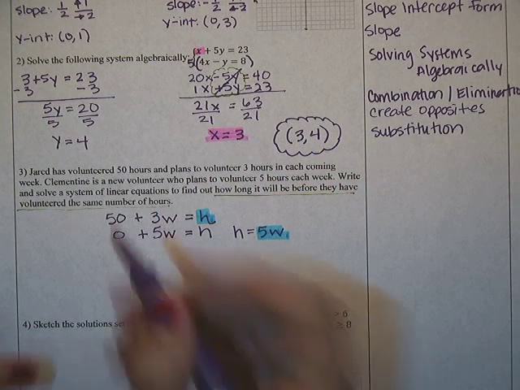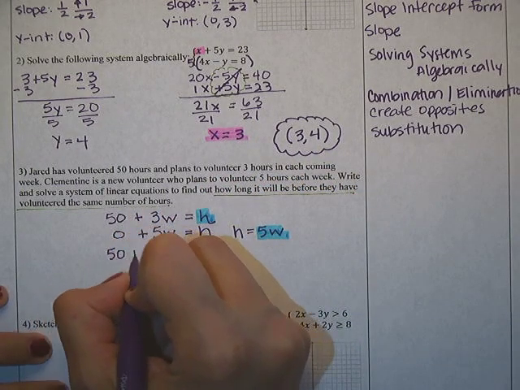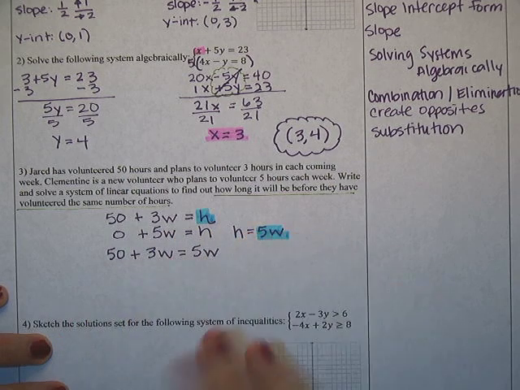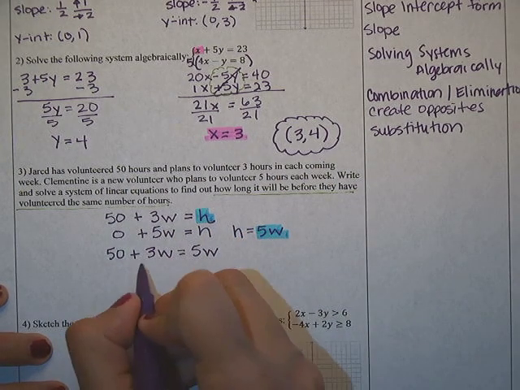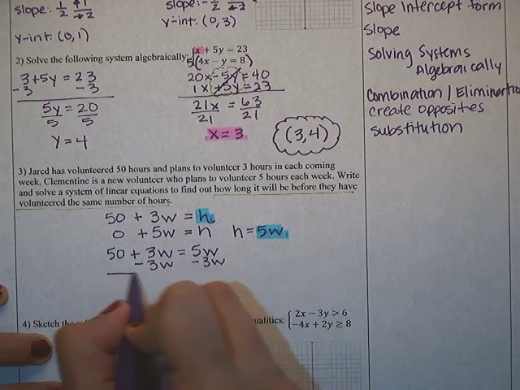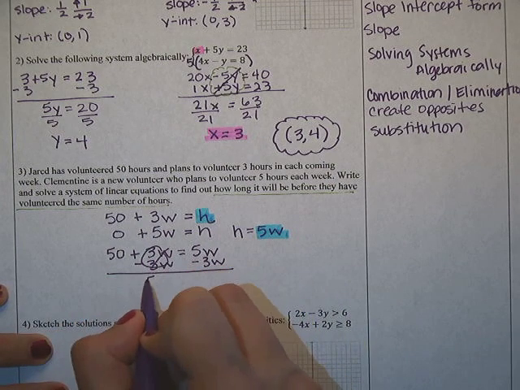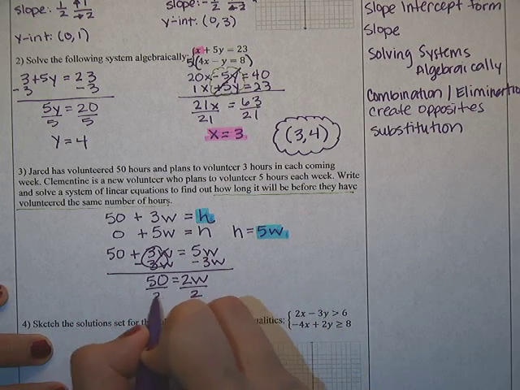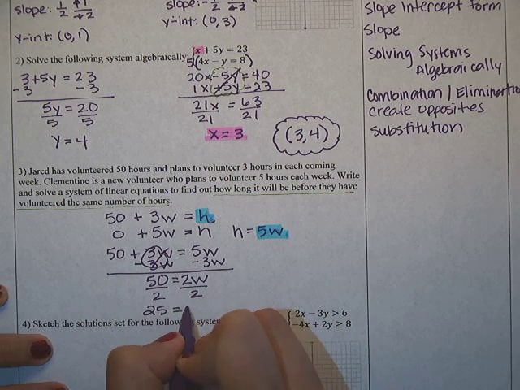So here we'll get 50 plus 3w equals 5w, and now we'll just solve for w. So I'm going to move this 3w to the other side using inverse operations, and I get 50 equals 2w, divide by 2, and we get 25 equals w.